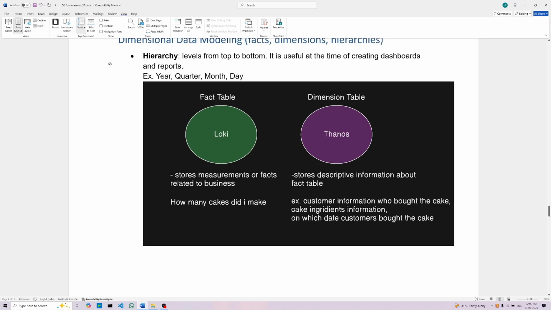At the top level there will be year, then below that quarter, below that month and day. After that we can also add hours, but till days it's sufficient. So these are the hierarchies, nothing but the levels from top to bottom.